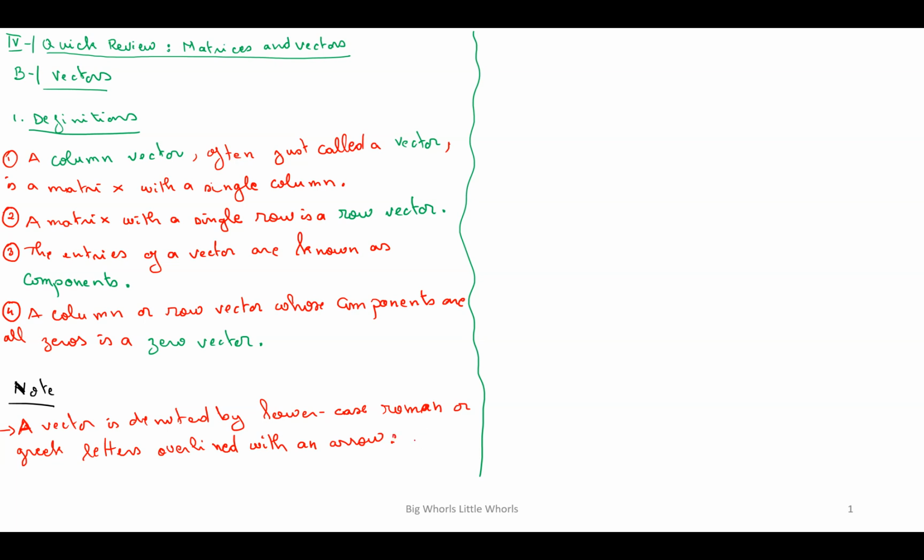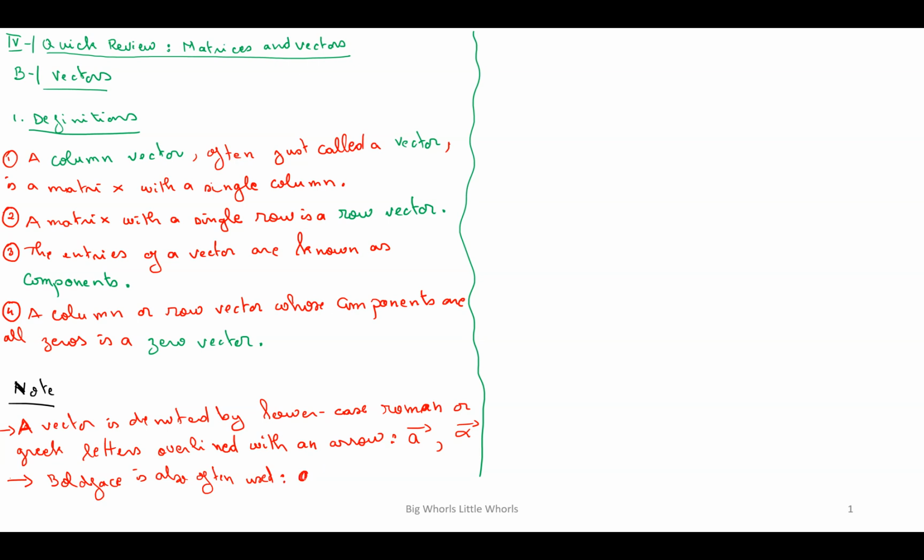So we have something like a or alpha with the arrow on top of it, or sometimes boldface is also often used. They are useful in books, that means on papers, but not when you are writing on a board.